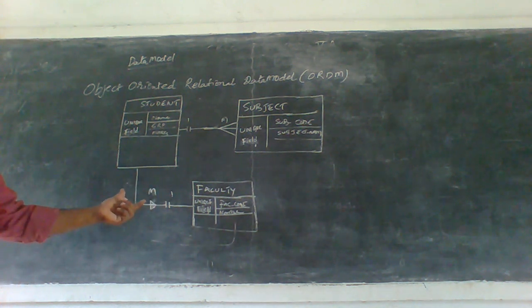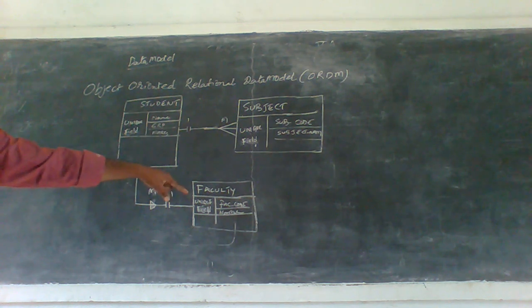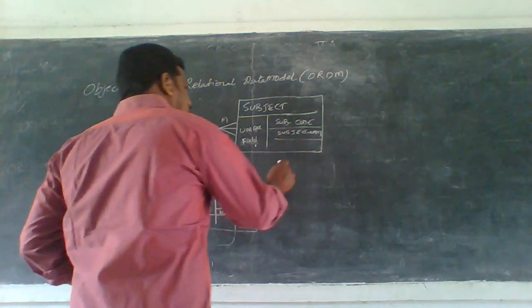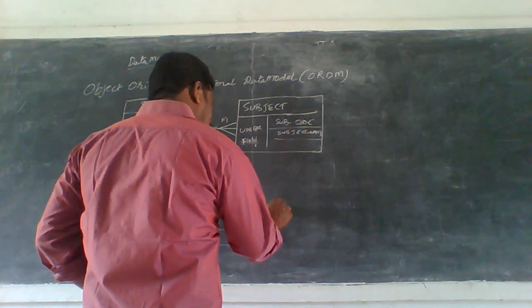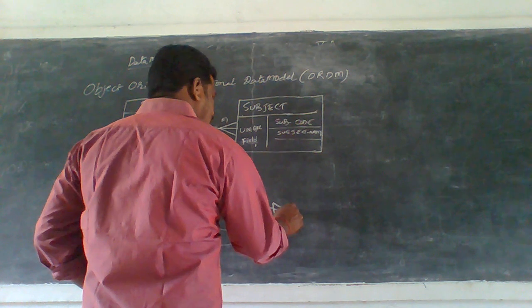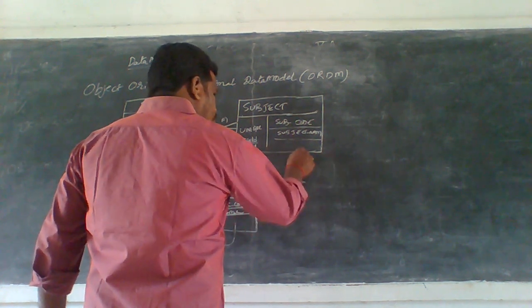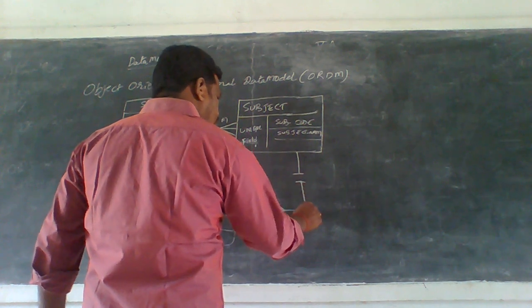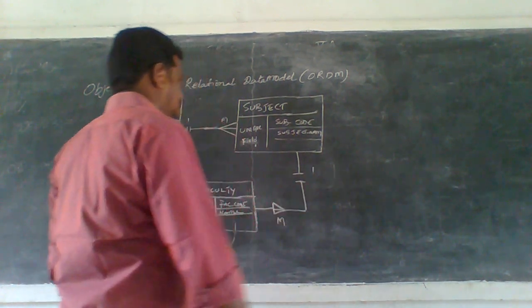Next I would like to connect the subject and faculty. So this is called many students, and this is called a single association.